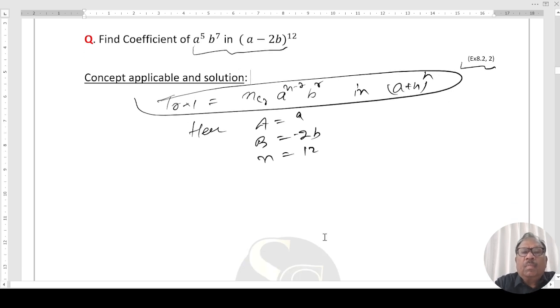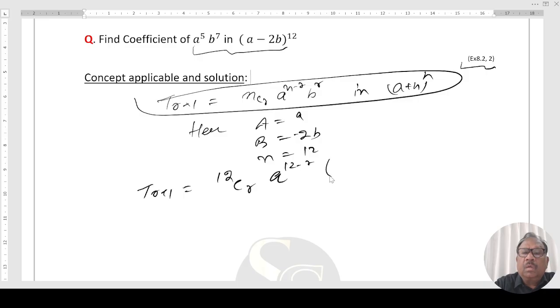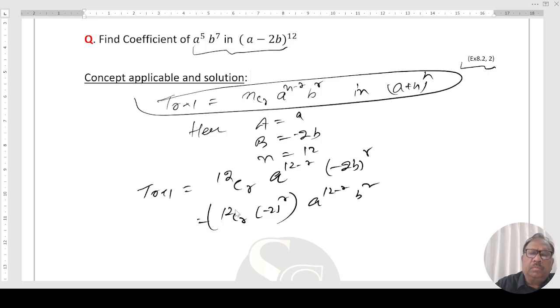Now, T(r+1) equals nCr, 12Cr a to the power 12 minus r, (minus 2b) to the power r. That is 12Cr, (minus 2) to the power r, a to the power 12 minus r, b to the power r. Right?